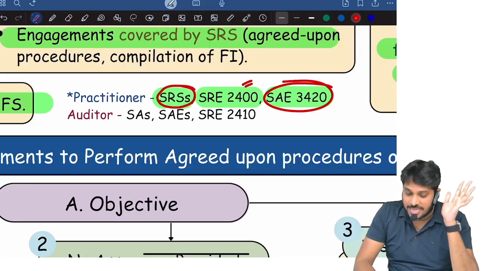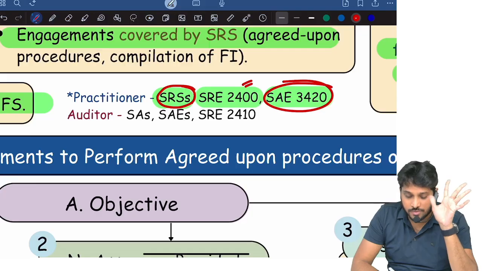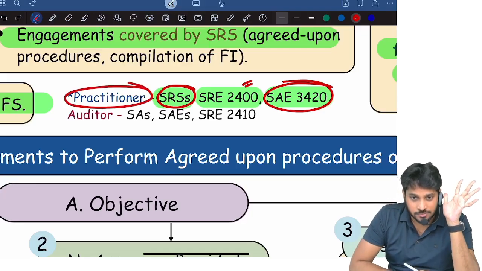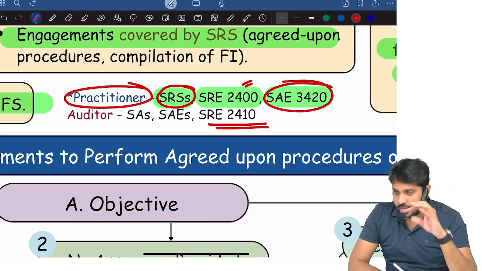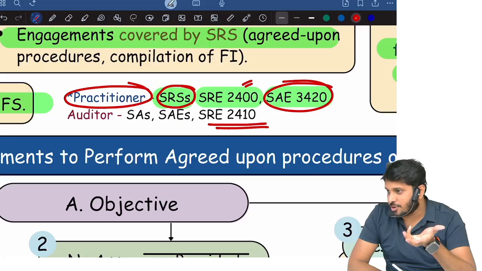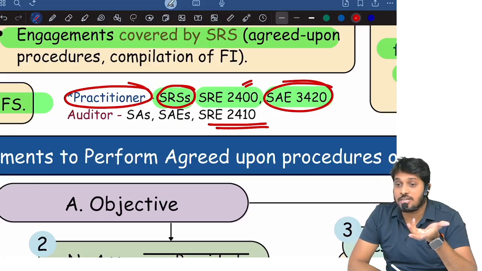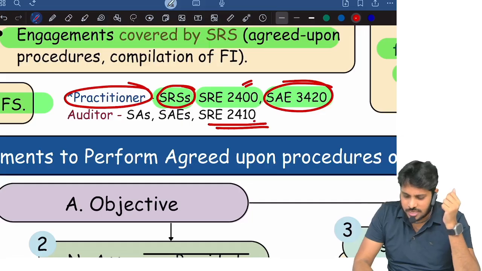And in all SRS standards, 4400 and 4410, the word used is practitioner. Then SRE 2410, review of interim financial information by the independent auditor.